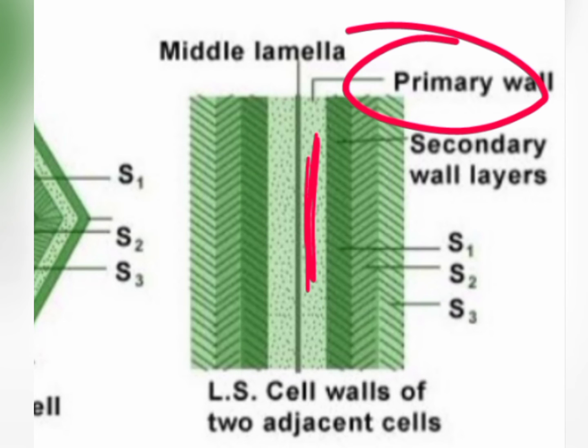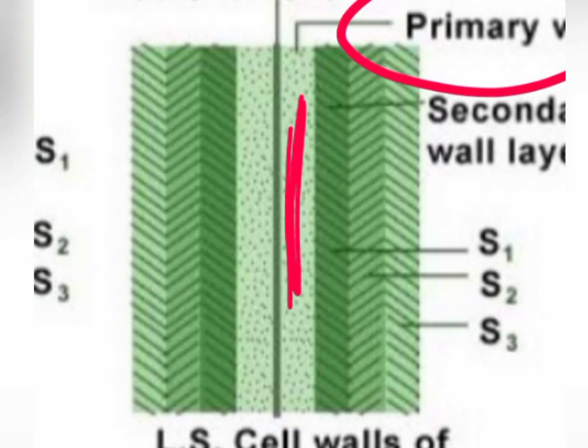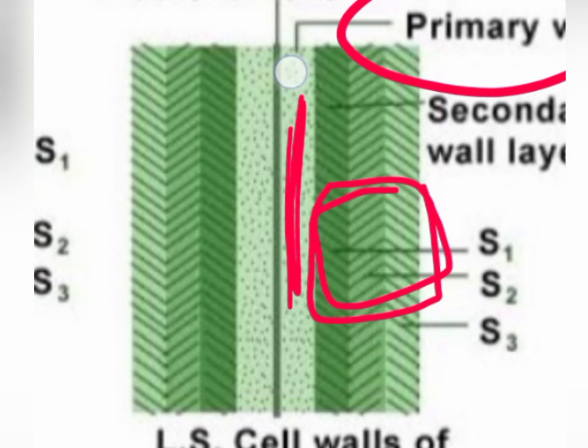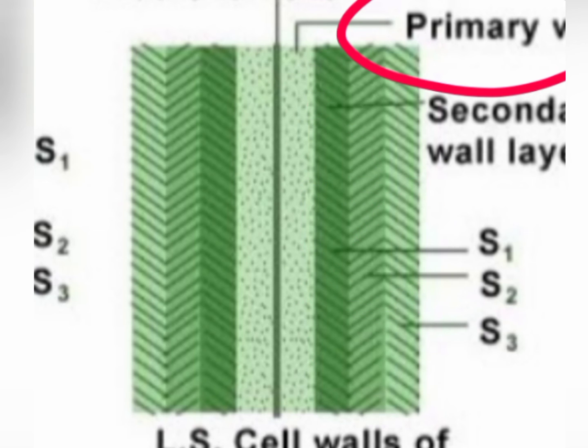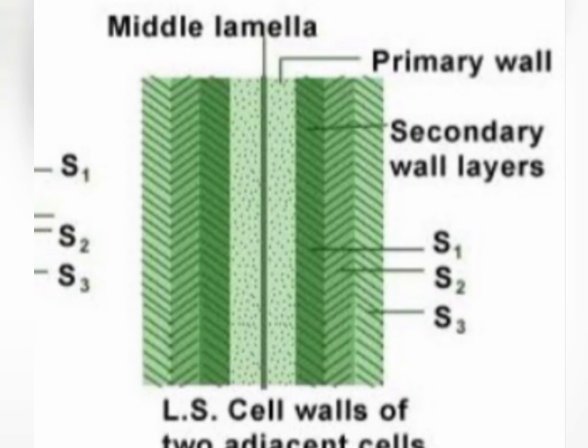Let's discuss the primary cell wall. As you can see, it is kind of thin in structure as compared to the secondary. See, this entire portion is the secondary cell wall, but this is the primary cell wall. As compared to this, it is thinner, right? Obviously. Okay, so it is thinner and permeable.